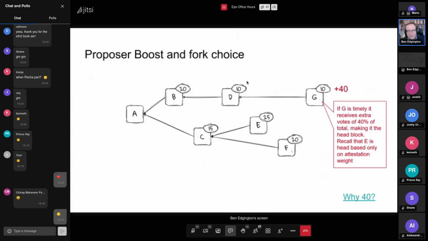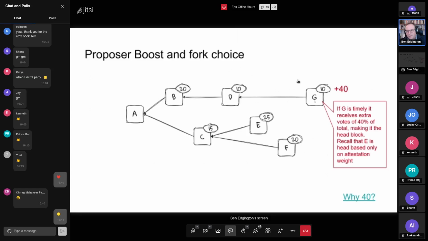But how does it change our diagram? This is the same block tree that we had before. And how it changes things is that block G, which is the most recent block, you know, time goes from left to right here.